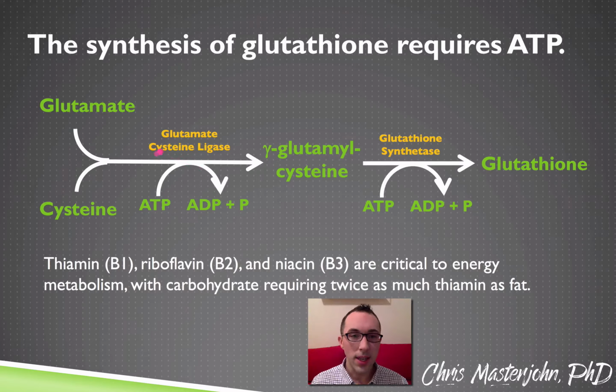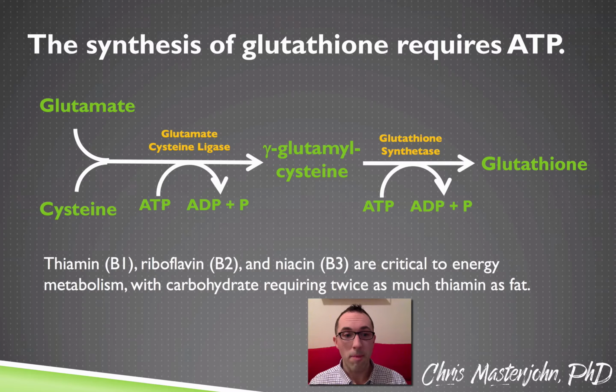Both steps in glutathione synthesis, the first step catalyzed by glutamate cysteine ligase, and the second step catalyzed by glutathione synthetase, both of them require energy from ATP. Although not shown on the screen, everything in the entire body that uses ATP uses it as a magnesium chelate, because magnesium is needed to stabilize the ATP molecule. Therefore, both of these steps are dependent on magnesium.